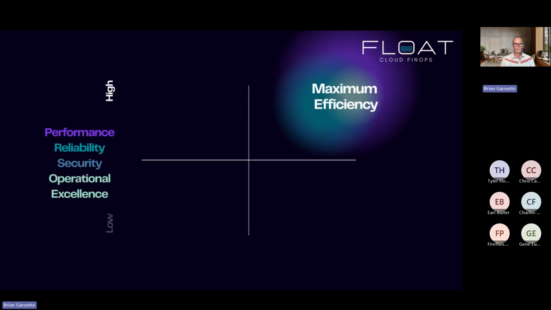We've come up with this matrix to quasi-measure what maximum cloud efficiency is. It's a top and to the right metric that we're shooting for. But every business is going to have its own unique standards and business requirements.